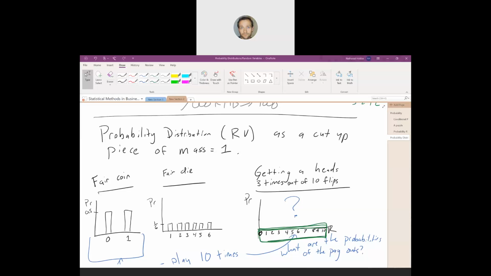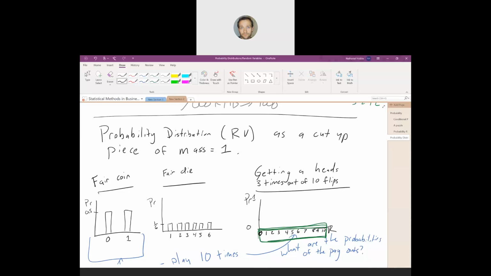Hello. Okay. So we're trying to fill out what this probability distribution is going to look like. So we have the x-axis, and the y-axis is going to go from 0 to 1 because it's a probability.